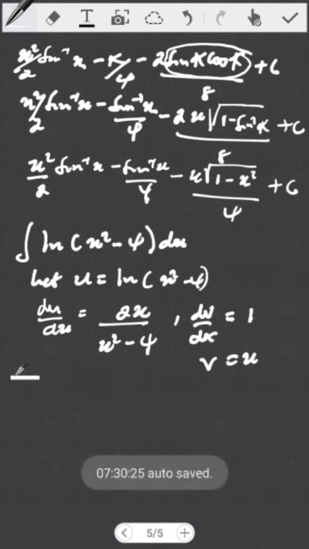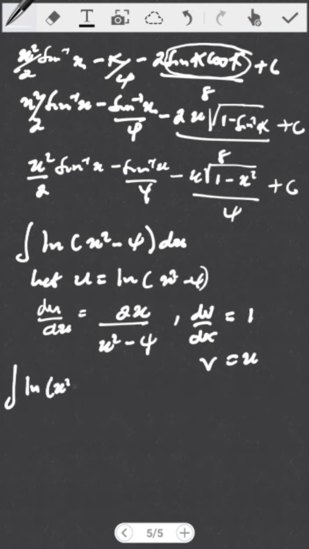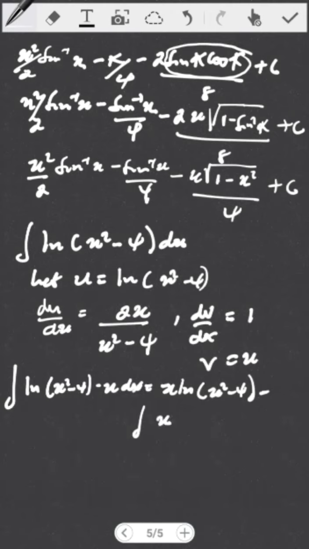The integral of u, which in this case is ln of x squared minus 4, times dv, which is dx, would be equal to uv, which is x ln of x squared minus 4, minus the integral of v, which is x, times du/dx, which is 2x all over x squared minus 4, dx.